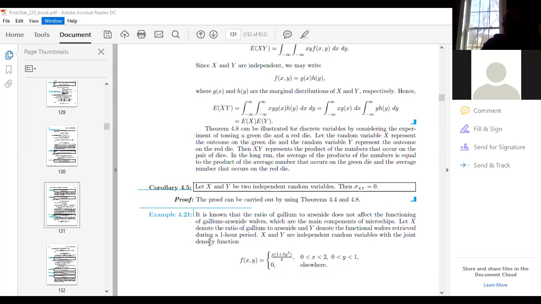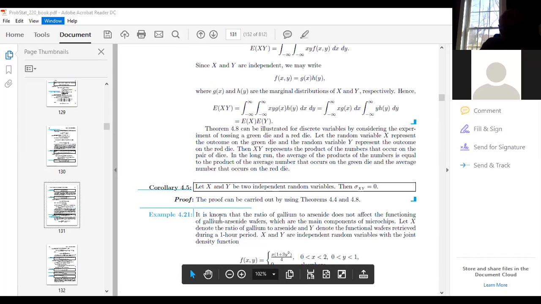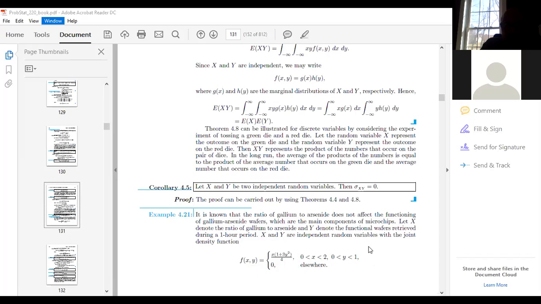So first of all, try to write it down like this. Try to read this one. It is known that the ratio of gallium to arsenide does not affect the functioning of gallium arsenide wafers, which are the main components of microchips. Let X denote the ratio of gallium to arsenide and Y denote the functional wafers retrieved during a 1 hour period.